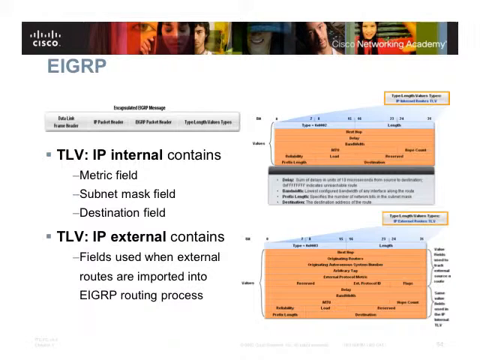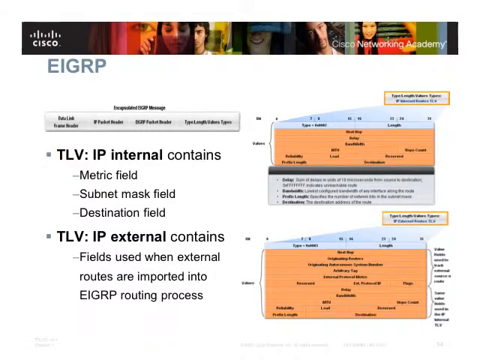We said that exterior routing protocols are used within different autonomous systems. It provides the inter-autonomous system routing. And one example for that is border gateway protocol. Okay? Well, it happens that EIGRP implements inside it another type of TLV which supports exterior routing protocols, and it's called IP external.